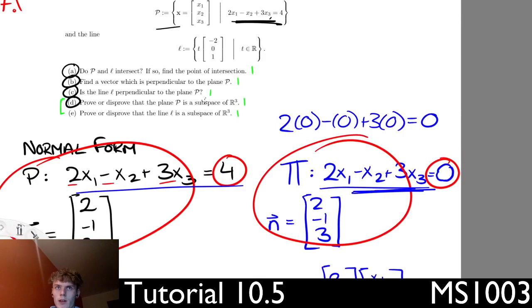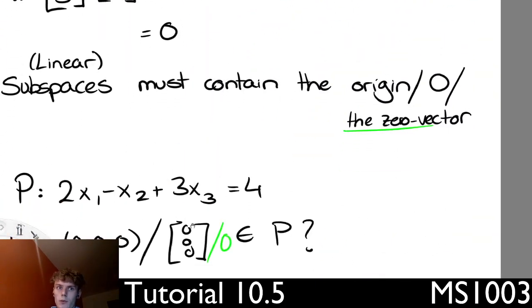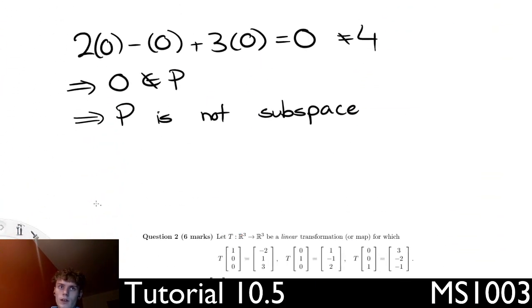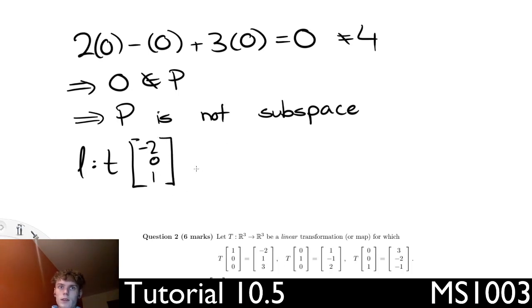So let's think about our line. T times (-2, 0, 1). So L is defined by the equation T times (-2, 0, 1). Is 0 an element of L? Well, it definitely is.